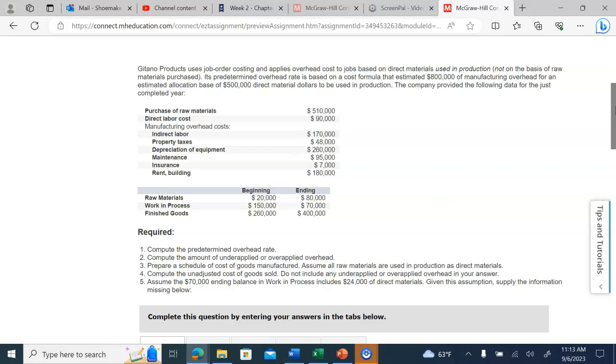The company provided the following data, so it shows us the beginning balances of all these accounts, ending balances, and what was purchased and added to the various items. The first thing we're going to do is compute the predetermined overhead rate.